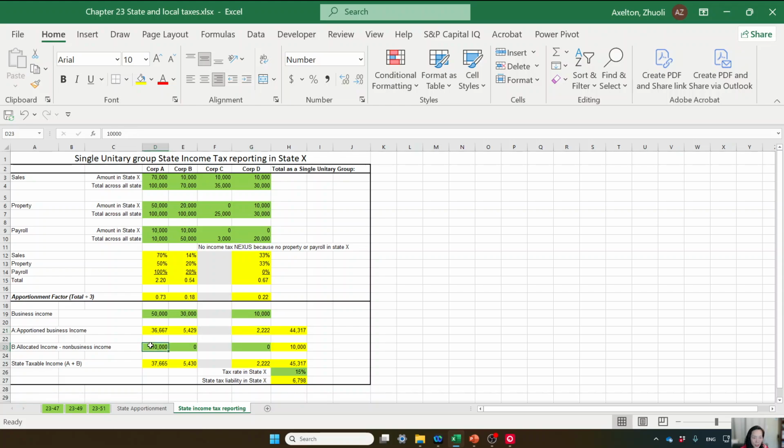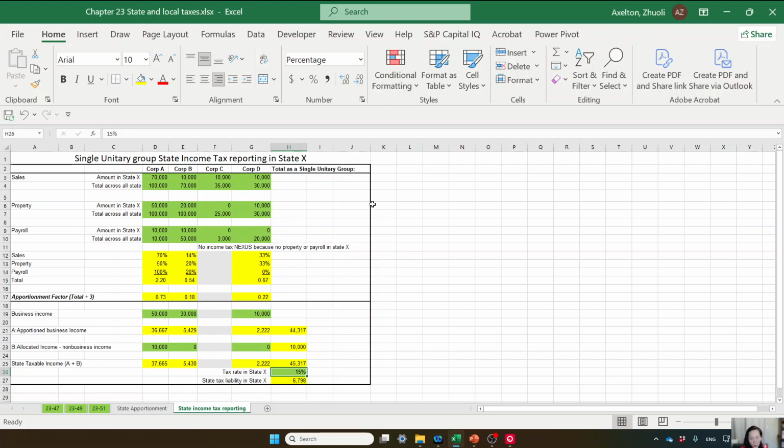The allocated income, the same thing: we allocate for each of the members. Then at the end of the day, we come back and have a total reporting for the single unitary group. The state taxable income is also a combined number, and we apply that state's tax rate to figure out the state tax liability.